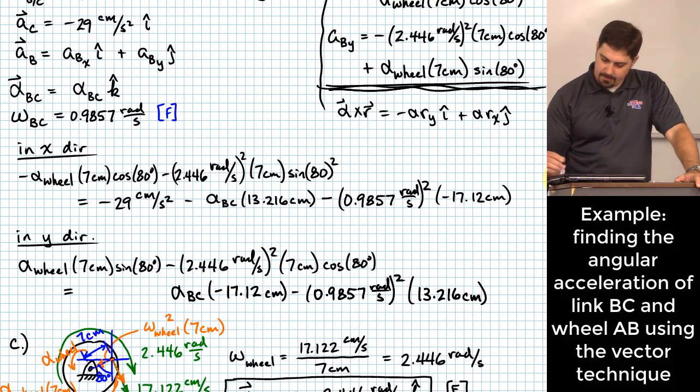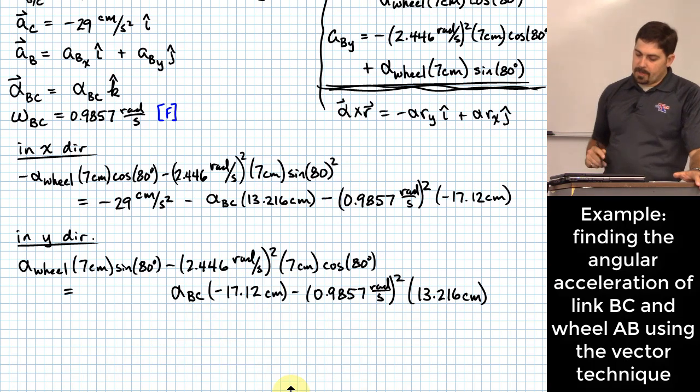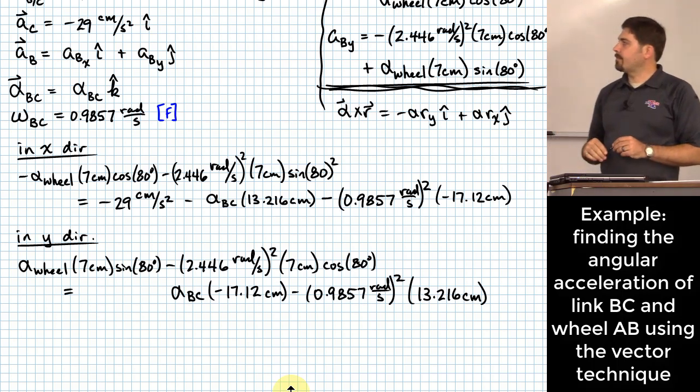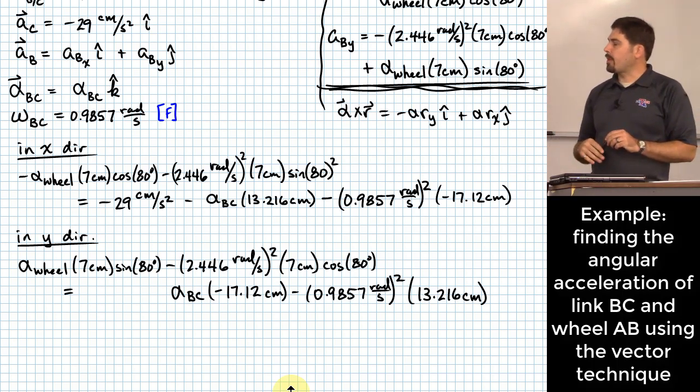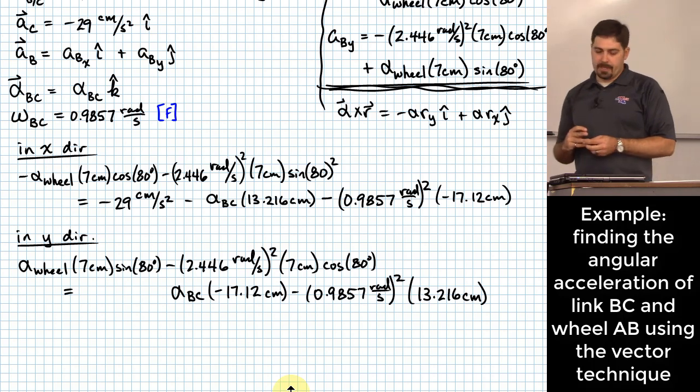And what we have now is a system of two equations in two unknowns, which we can solve and get my angular acceleration of the wheel and my angular acceleration of link BC.